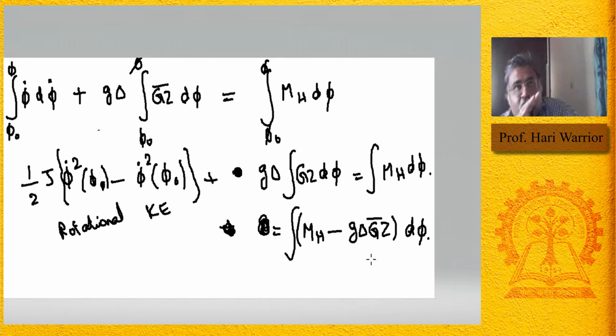Now, when the rotational kinetic energy is a maximum, the potential energy is minimum. Basically, in the case of equilibrium, you will have the potential energy as the minimum. This is a basic principle.